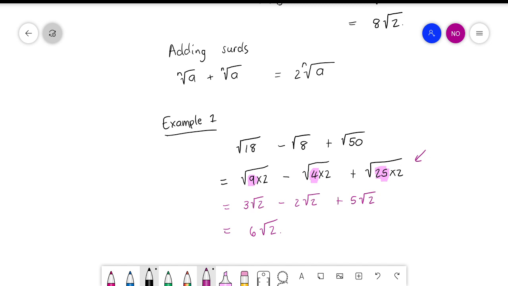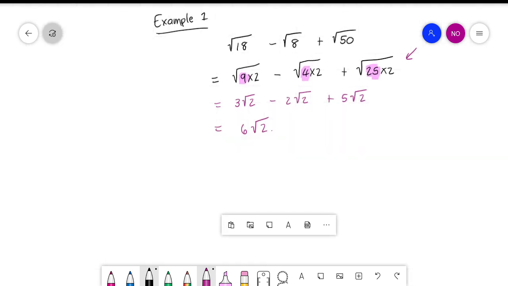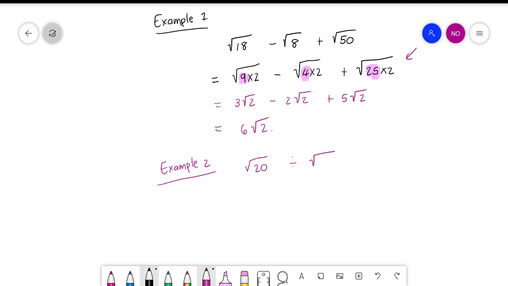Last one. Stem julle saam, ek is besig om te deel en altyd daai wortels is dieselfde. Altyd van hulle is gewone vierkantswortels.